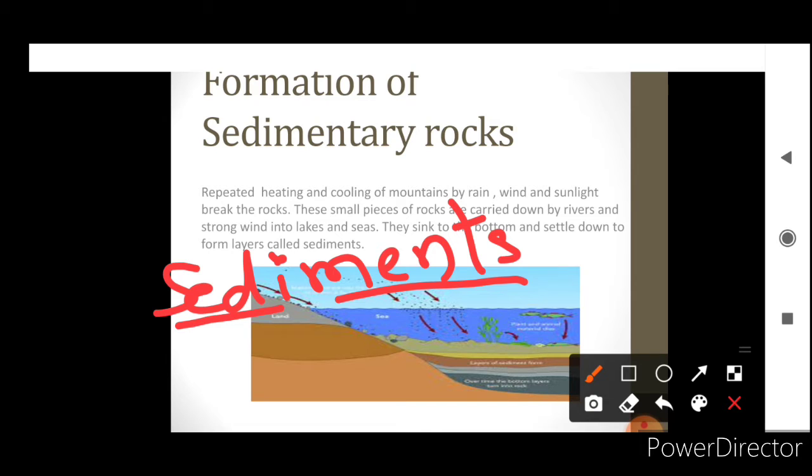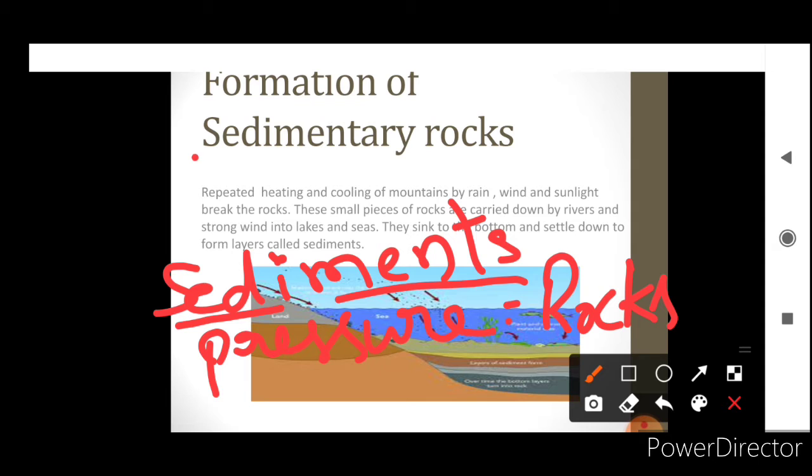Due to this continuous pressure upon the lower layers, they harden into rocks. Such rocks are known as sedimentary rocks.